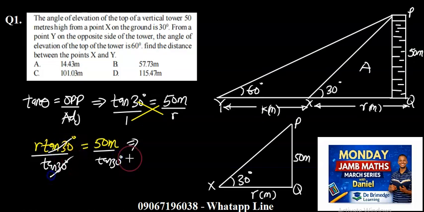Tan 30 cancels out, and R is equal to 50 meters divided by tan 30 degrees. We could just plug this into the calculator.